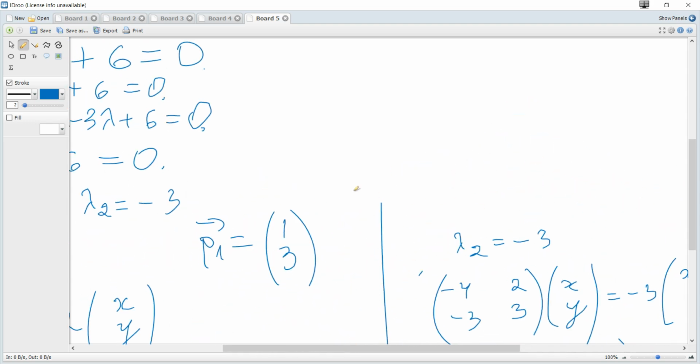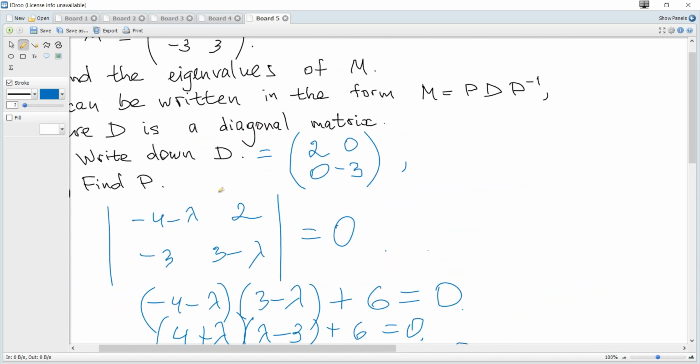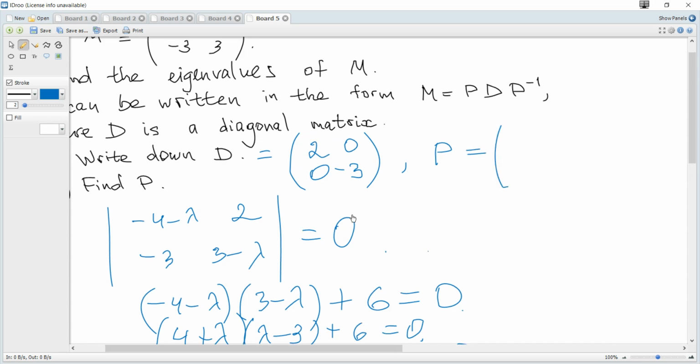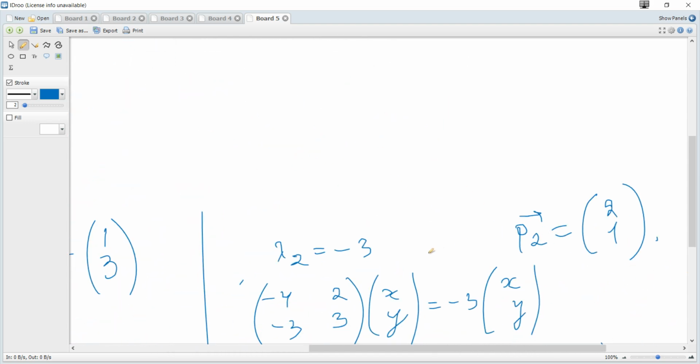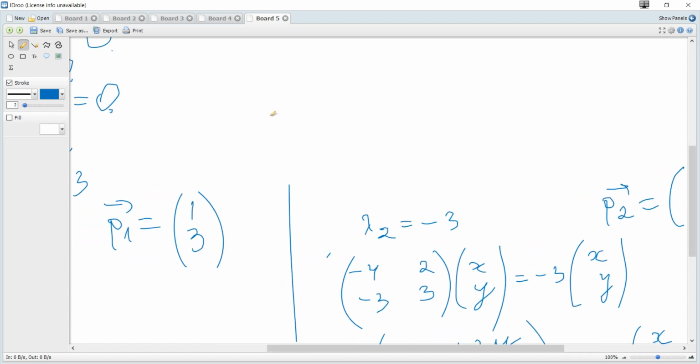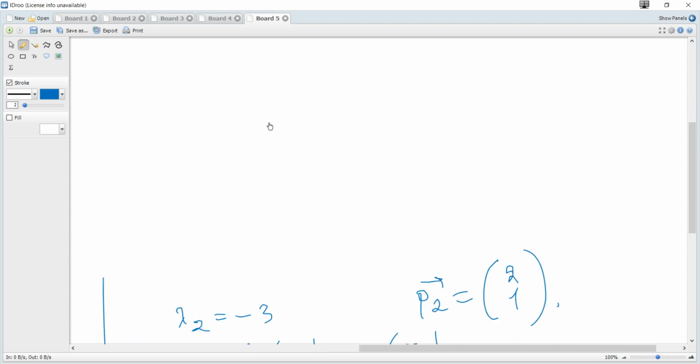Hence, our matrix P becomes, notice that the first must be the vector corresponding to lambda, which is 2. So it's (1, 3), and the second is (2, 1).